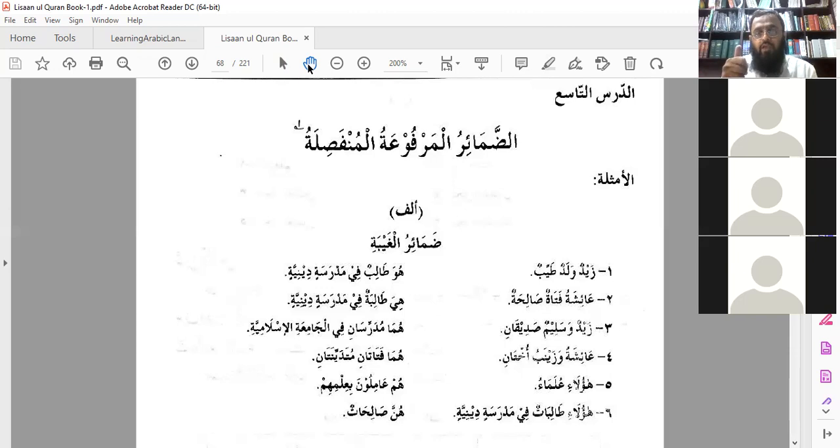I repeat: hiya for mufrad muannath, huma for muthanna muannath, and hunna for jama muannath. So far we have learned six words, three for al-mudhakkar al-ghaib and three for al-muannath al-ghaib. These are pronouns and they become the subject of the sentence. They become mubtada because they are zamir and they are ma'rifa.